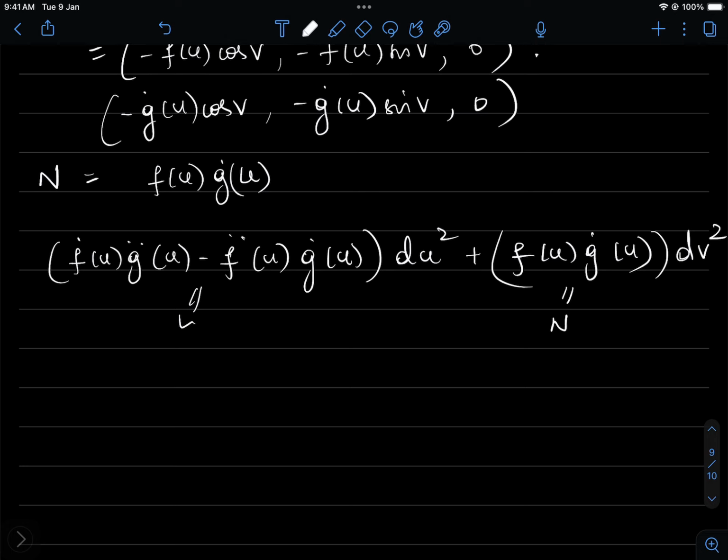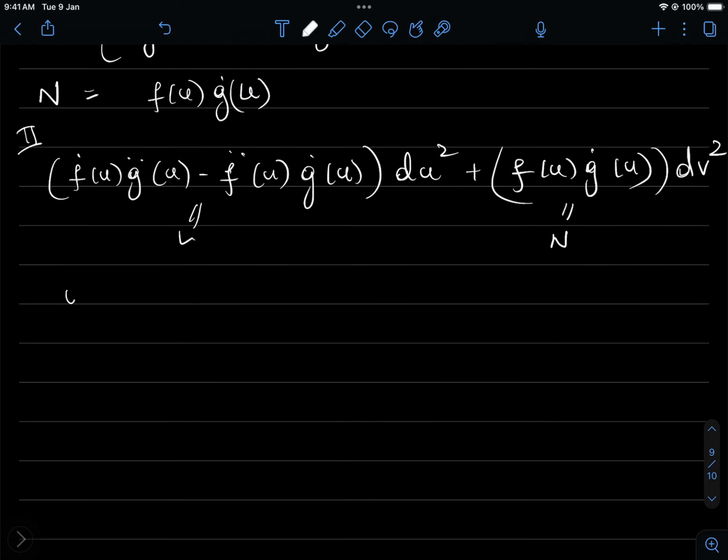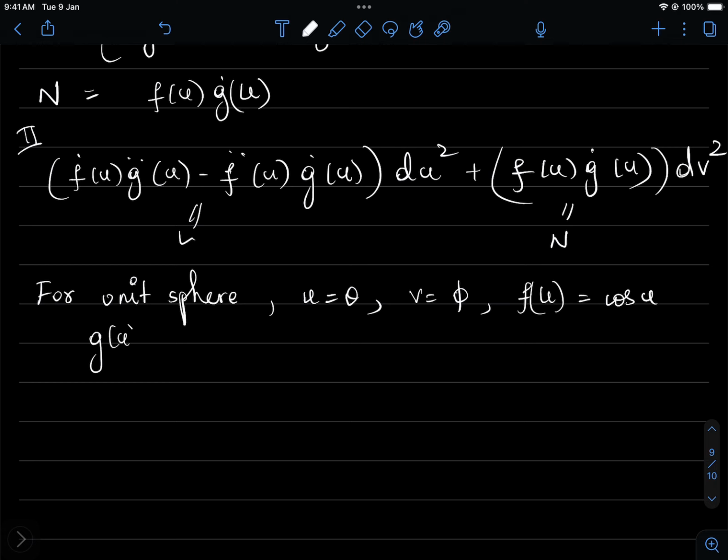So this is the second fundamental form, and for the unit sphere we'll take u equal to theta, v equal to phi, f of u equal to cos u, g of u equal to sin u. So from this expression, f dot u is minus sin u, where u is theta.